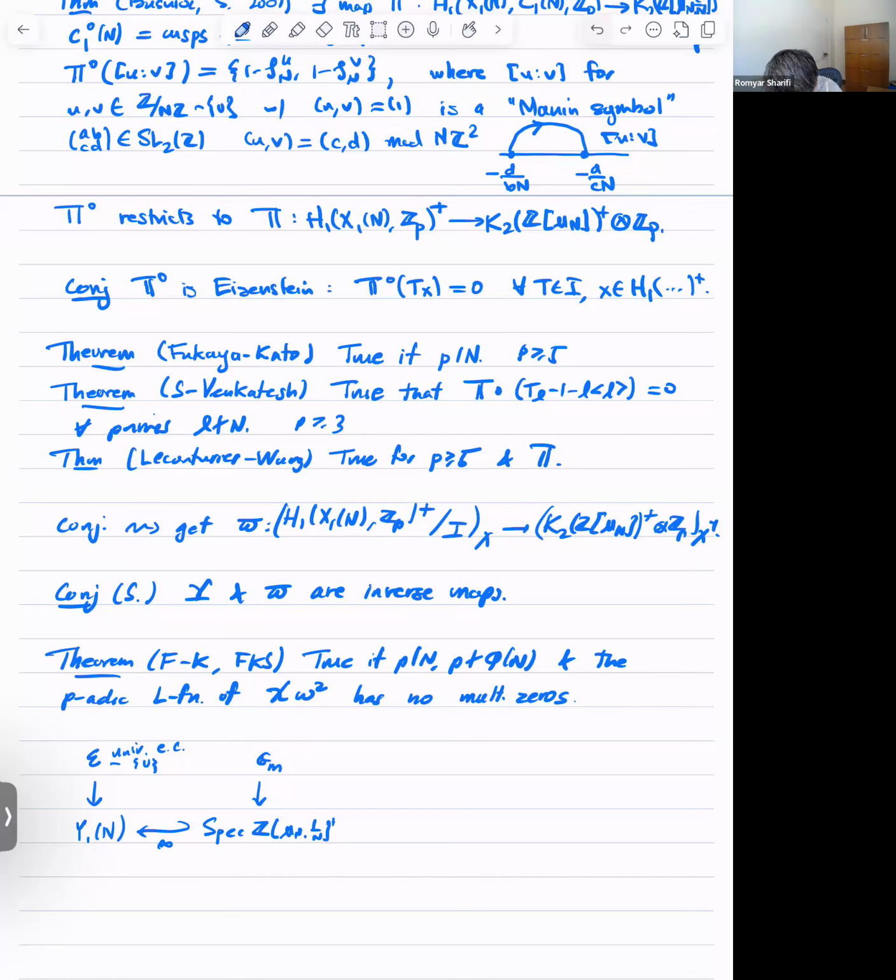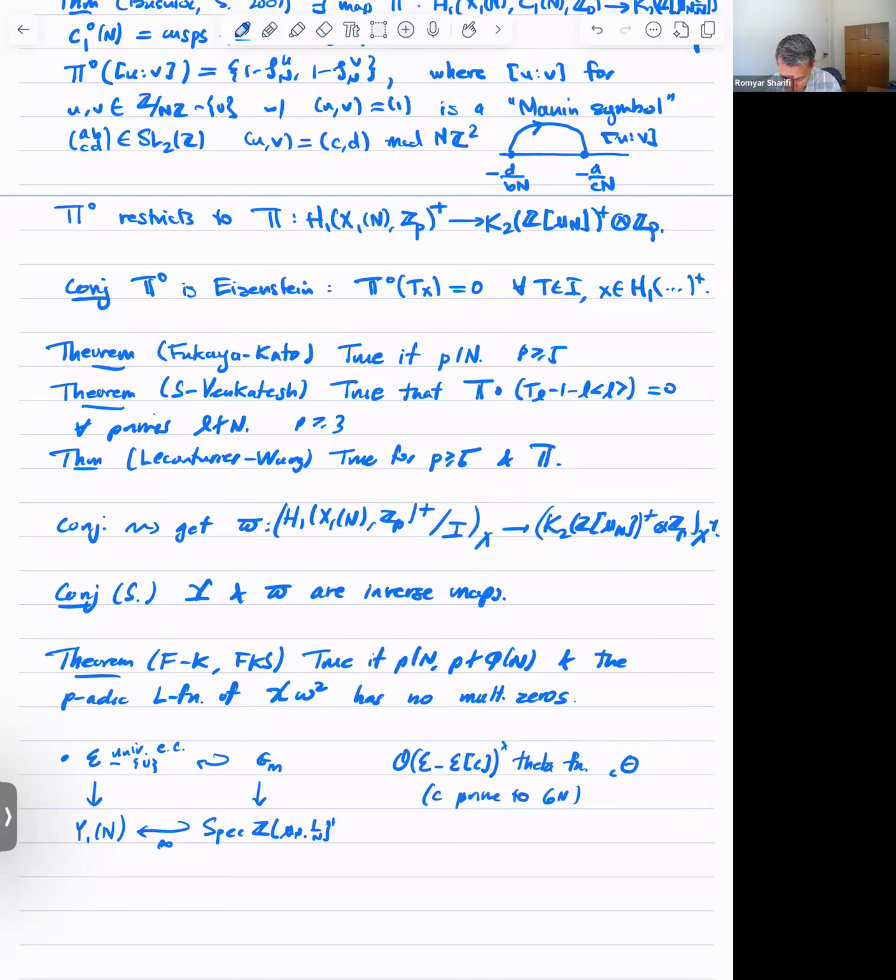Right. So what Fukai and Kato do is they look here. On E minus the c-torsion points, you have a theta function, so maybe in the units here, theta_c, where c is prime to n, or prime to 6n.